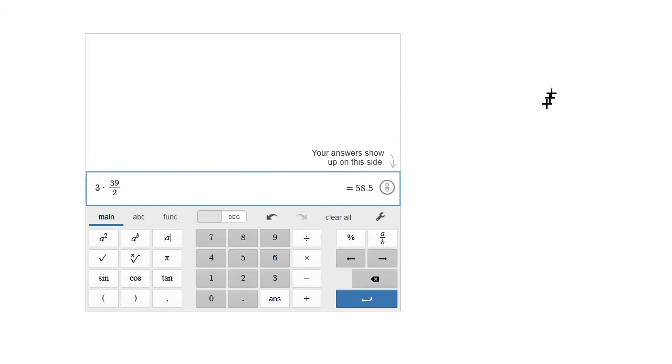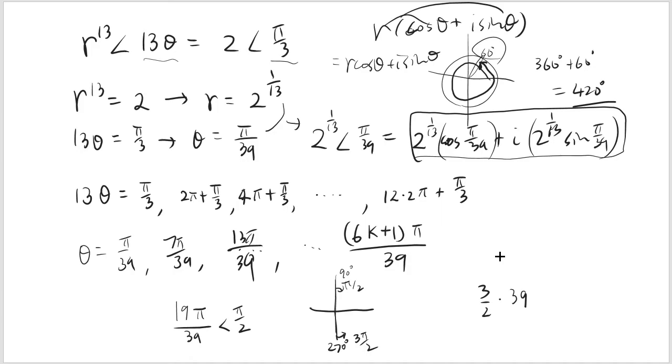So 59 would be the one just after this, so you're going to get 59 pi over 39 as the number right after this. Oh, but the problem is 59 and 19 are not of the 6k plus 1 type.